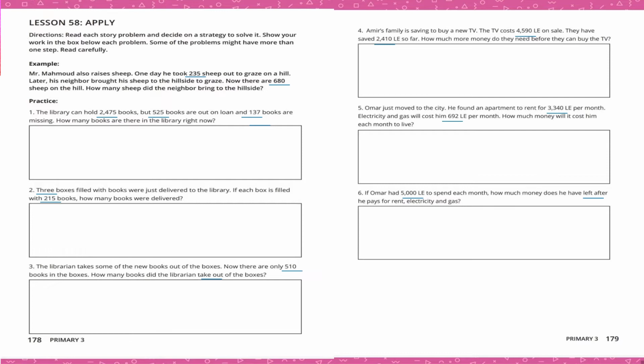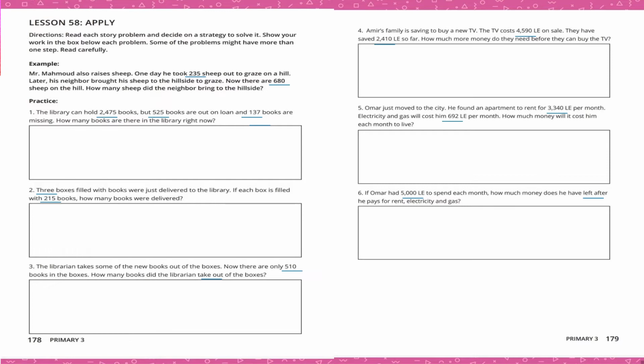Here, we will use the same way. I have the total and the number of sheep of Mr. Mahmoud. We wanted to know the number of sheep of the neighbor. So, the equation should be 235 plus the number of sheep of the neighbor equals 680.